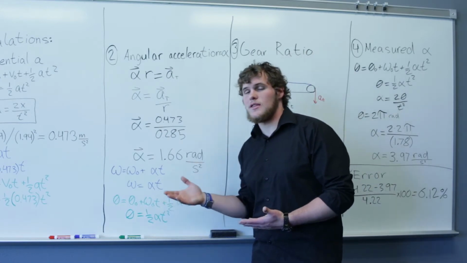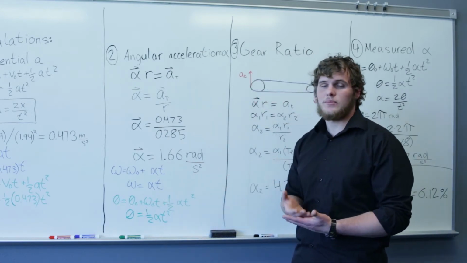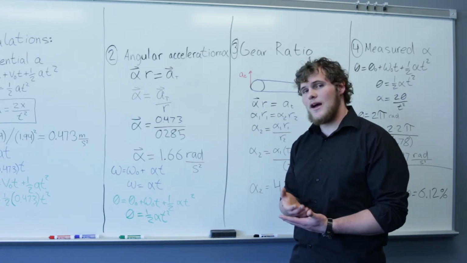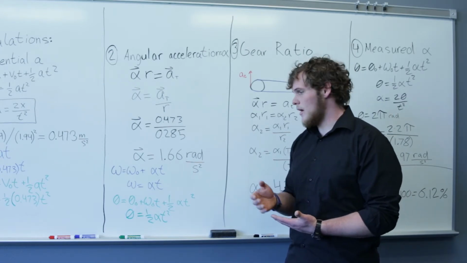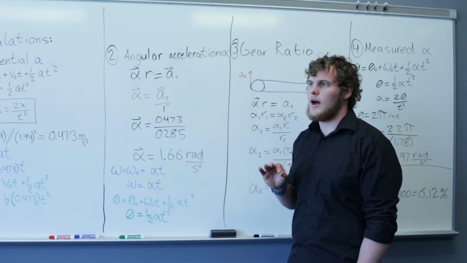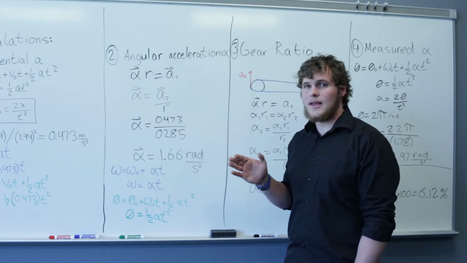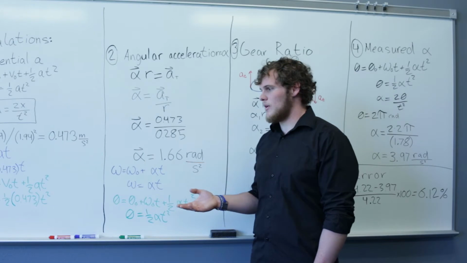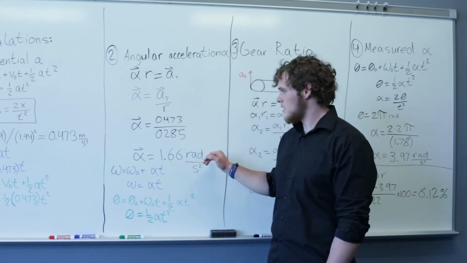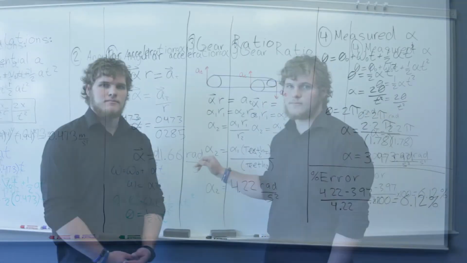And using the equation theta is equal to theta naught plus omega naught t plus 1/2 alpha t squared, where theta naught and omega naught are both 0 as well, we can calculate the angular position at any point in time based on this angular acceleration.